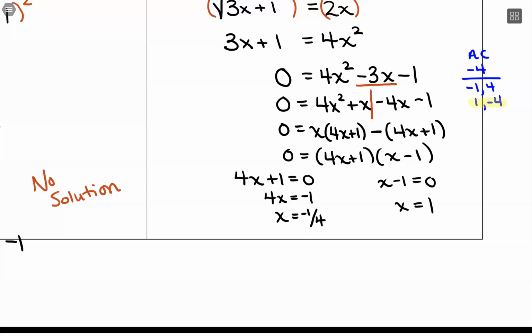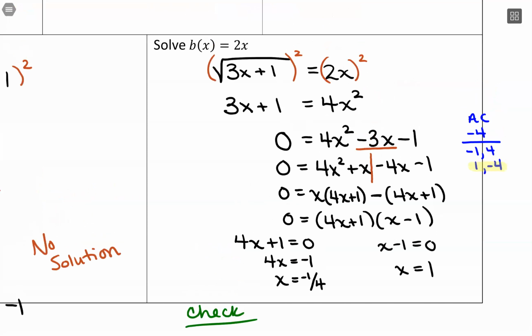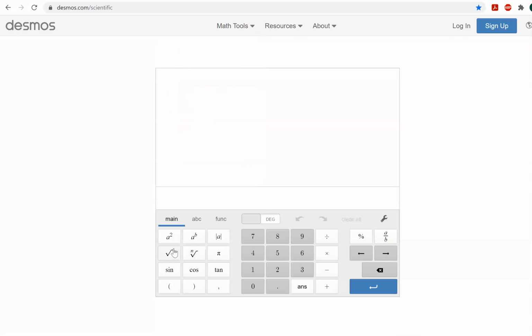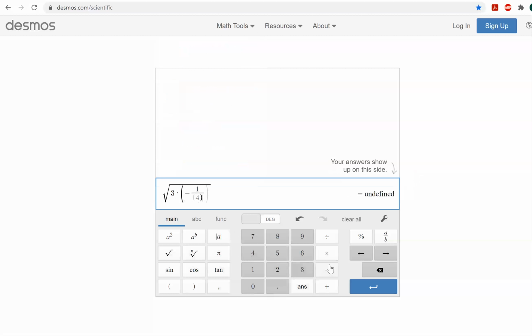Now again, we need to check our answers. So checking, we would plug these into the original form. So what we could do is go to our scientific calculator and plug in the square root of 3 times negative 1/4, and then plus 1.